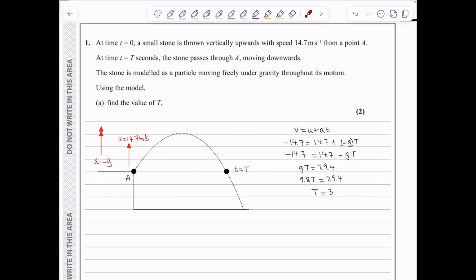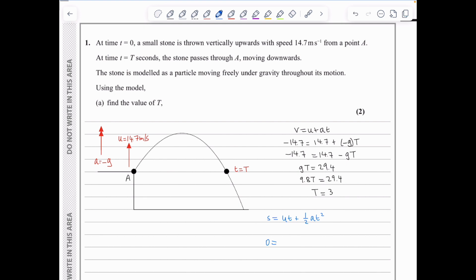Alternatively, we could have considered that when t is capital T, the displacement is 0, because as the stone is thrown up and then comes down, the moment we are again at A, the displacement is 0. So I could have used s is equal to ut plus a half at squared. The displacement from the point A is 0 because we are exactly at the same place.